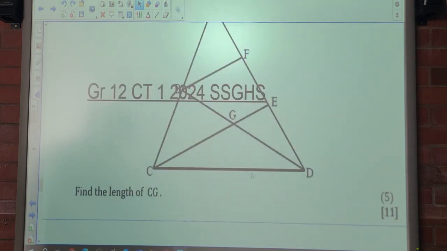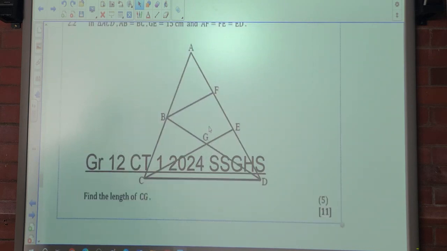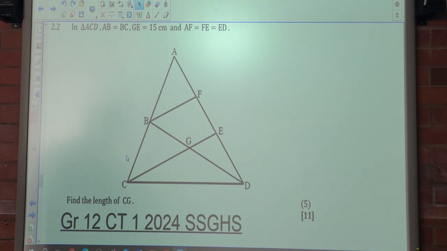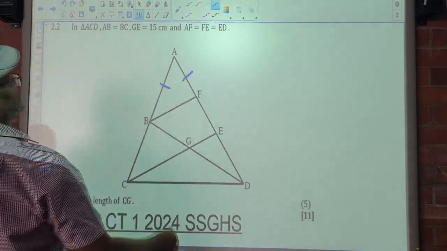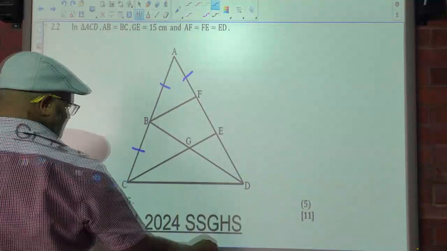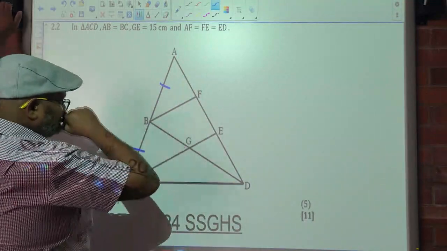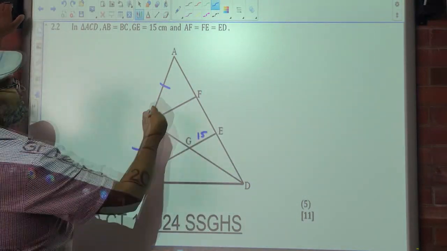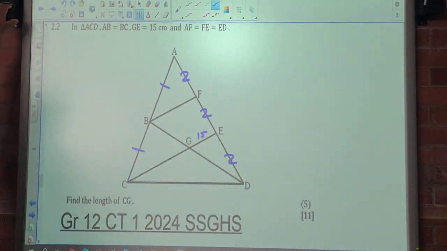Here we are told that in triangle ACD, AB is equal to BC, GE is 15, and AF is equal to FE, which is equal to ED.